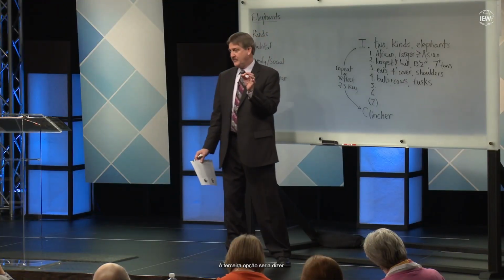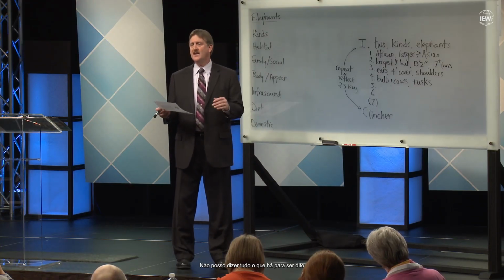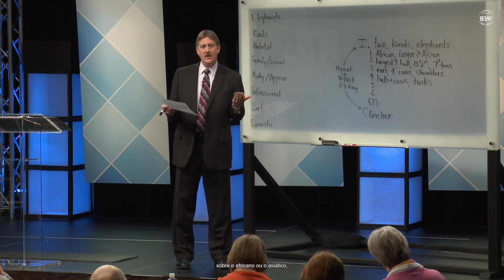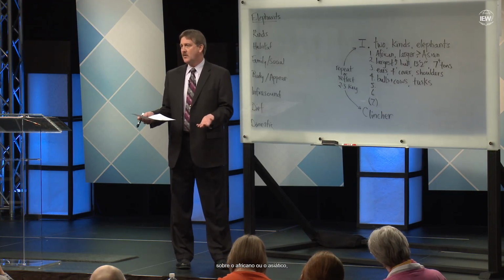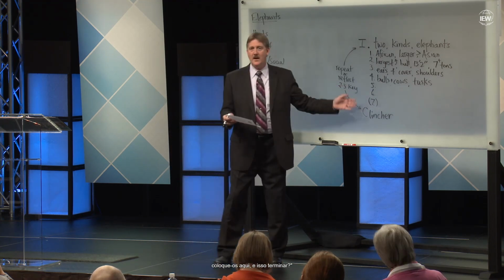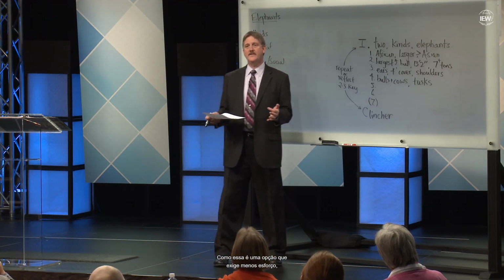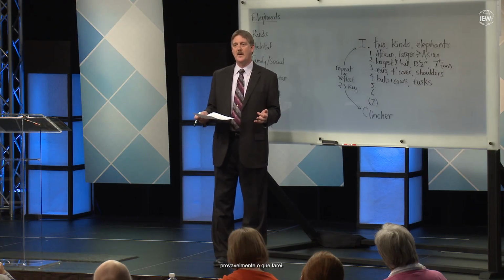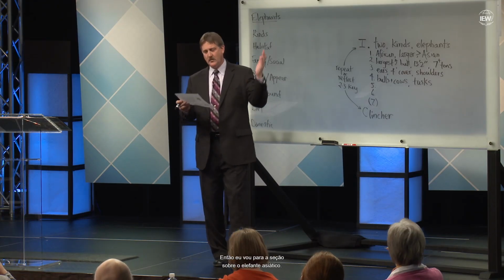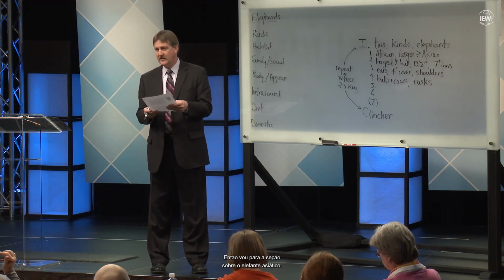The third option would be to say, well, there's too many facts. I can't tell everything there is to tell about the African or the Asian. So why don't I just go pick up 3 facts about the Asian, stick it in there, and be done with it? And since that requires the least amount of effort on my part, that is probably what I would do. So I skip down to the Asian elephant section.